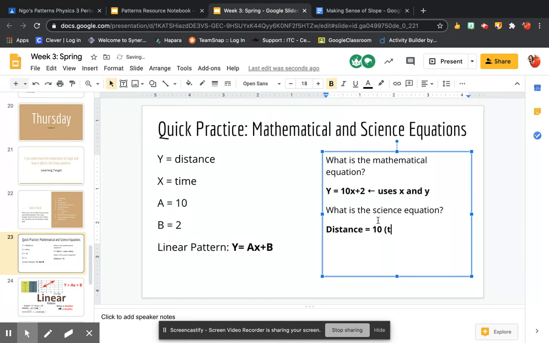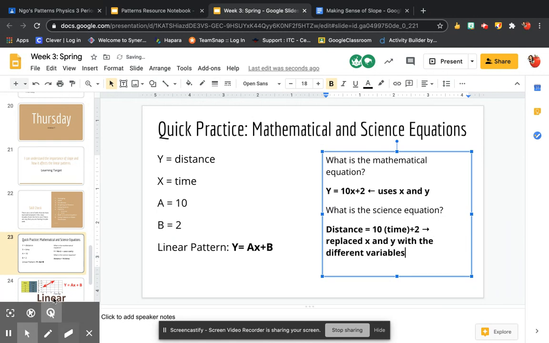The x is time, so it's multiplied by time, plus 2. And so I replaced x and y with the different variables. Okay, so that is how you get from the math equation to the science equation.